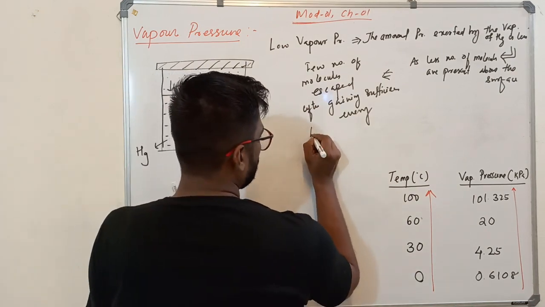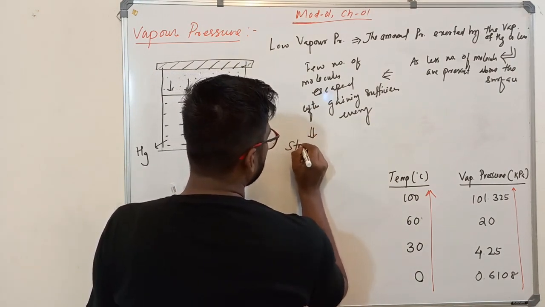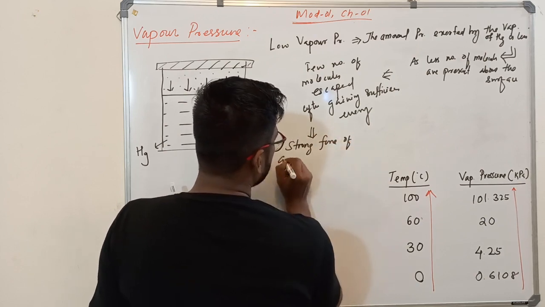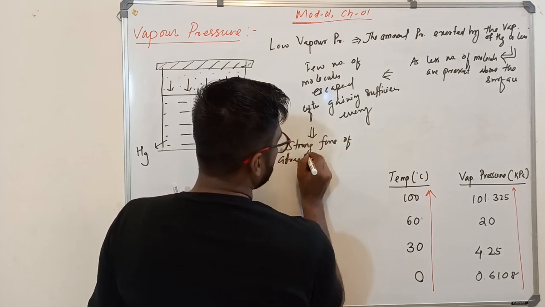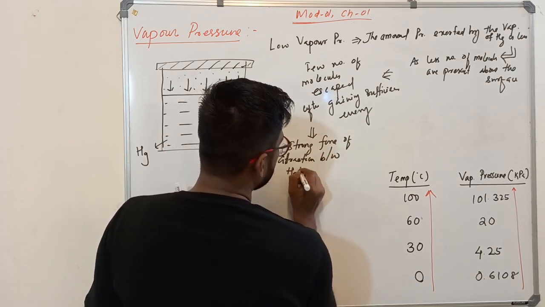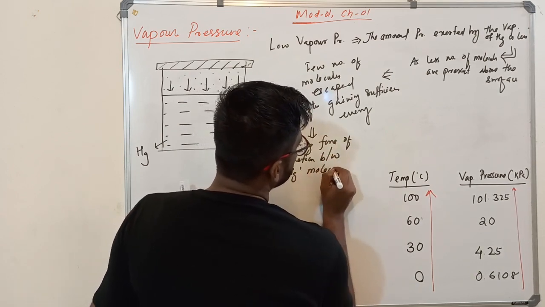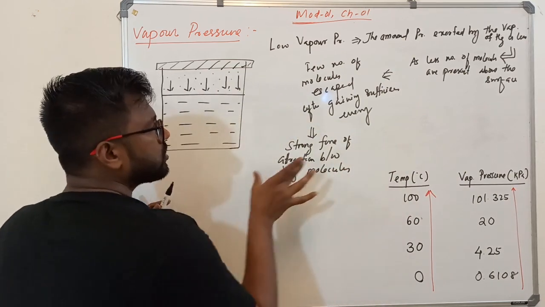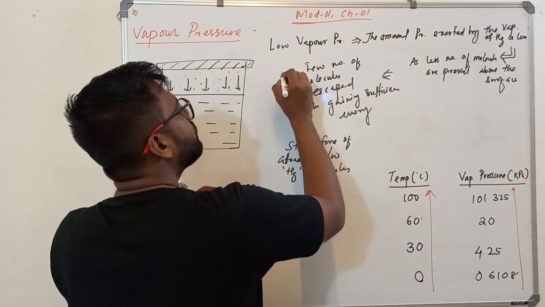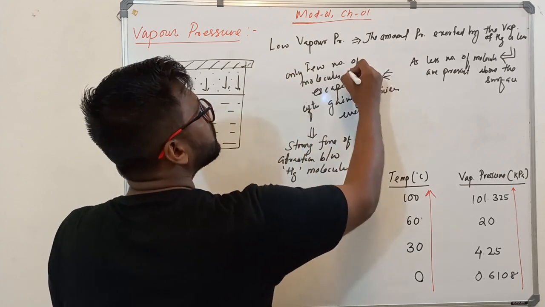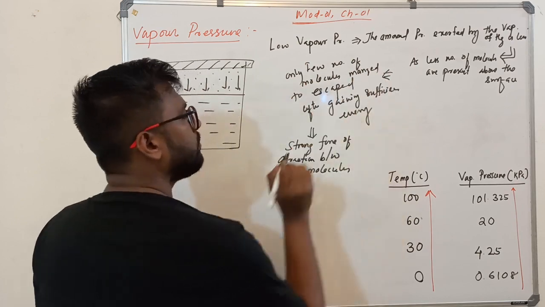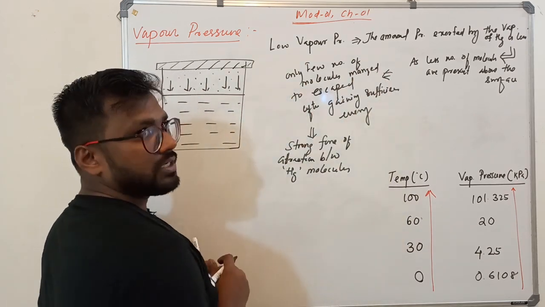Now why do few molecules escape? Because of strong cohesive force, because of strong force of attraction between mercury molecules. Because the force of attraction is strong, only a few molecules manage to escape after gaining sufficient energy.